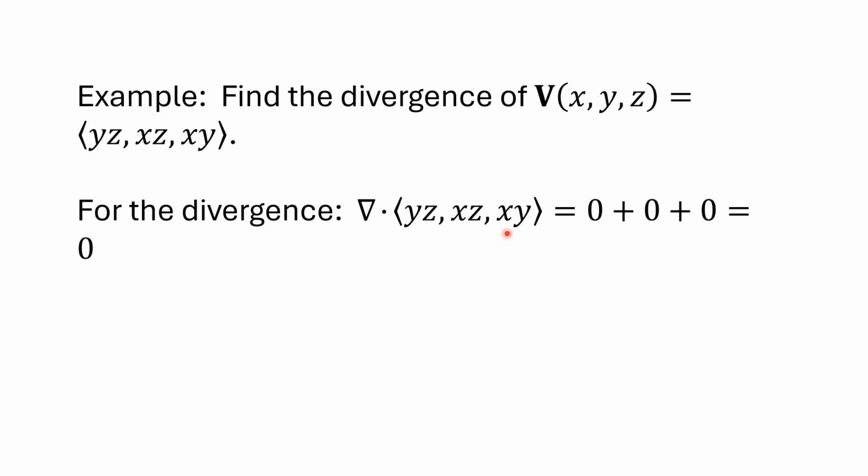And the partial with respect to z of xy is 0. I end up with 0. In this case, the field strength is steady. It's not increasing or decreasing. So that is a possibility. And that's another thing I keep telling students: 0 is a good number. It sometimes happens.